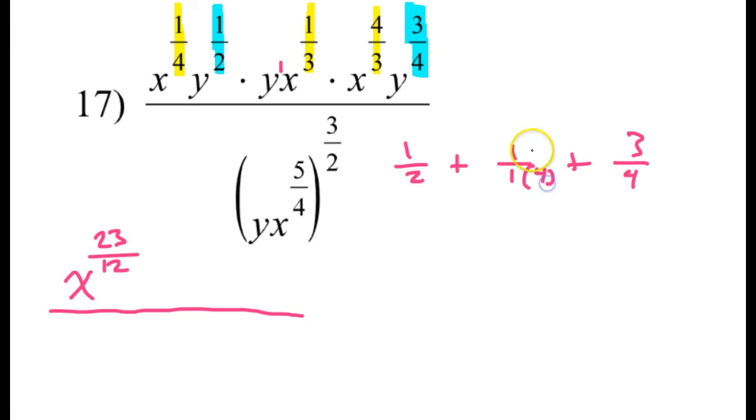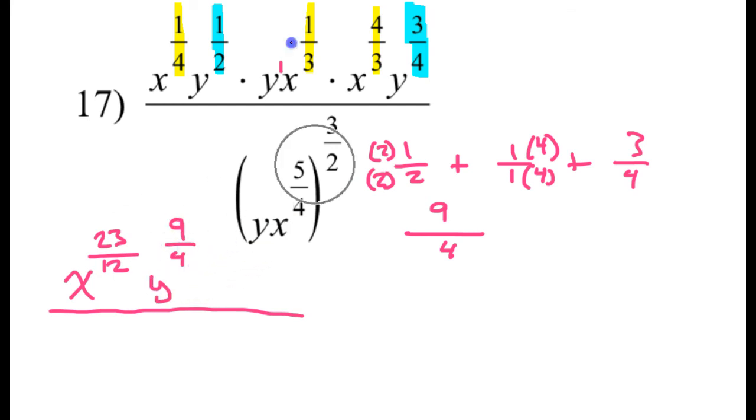If I multiply this by 4/4, and if I multiply this one by 2/2, the denominators will all be 4 now. So that's 2 plus 4, that's 6, plus 3 is 9, so that's 9/4. So I've got y to the 9/4 power.